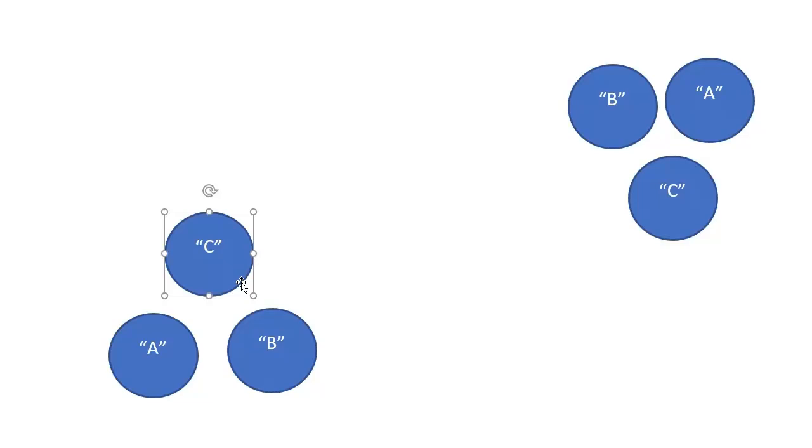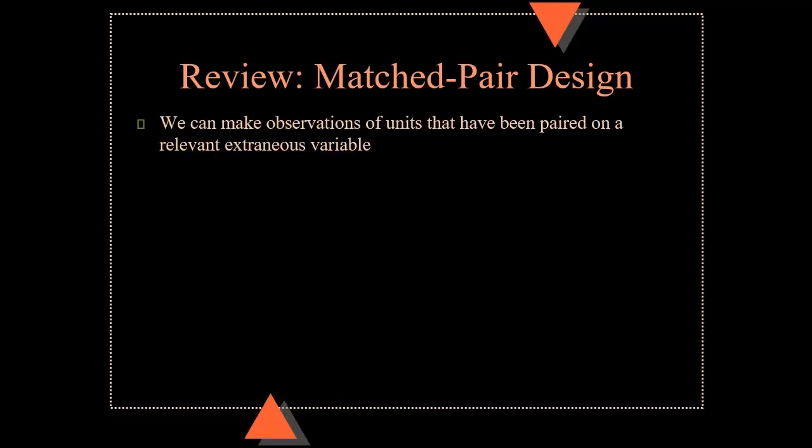But here, we've prevented that because we matched on achievement. And so we know we have B students in each condition, C students in each condition, and A students in each condition. So that's one of the powers of this kind of design. So we make observations of units that have been paired on a relevant extraneous variable.